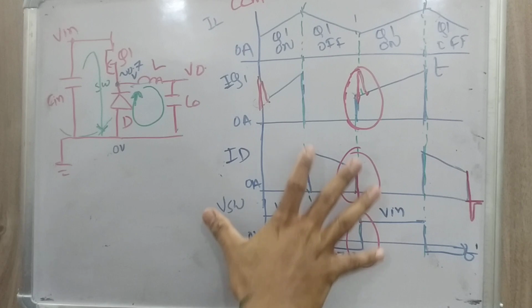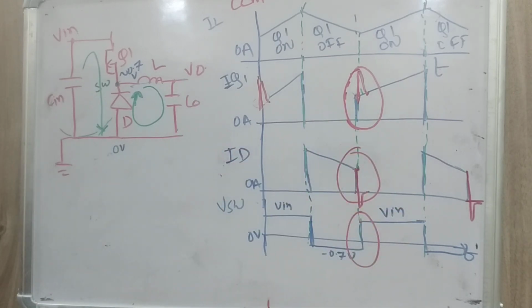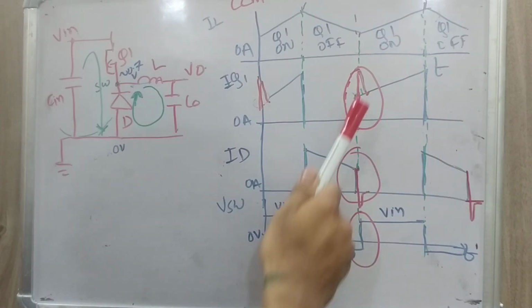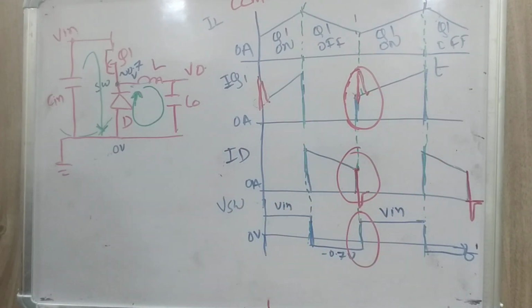So we just concluded that the two conditions that we discussed earlier, the diode must be conducting, and suddenly reverse voltage should be applied. So these two conditions are met here when your Q1 is turned on, at this time instance. So in CCM mode, yes, reverse recovery loss happens.